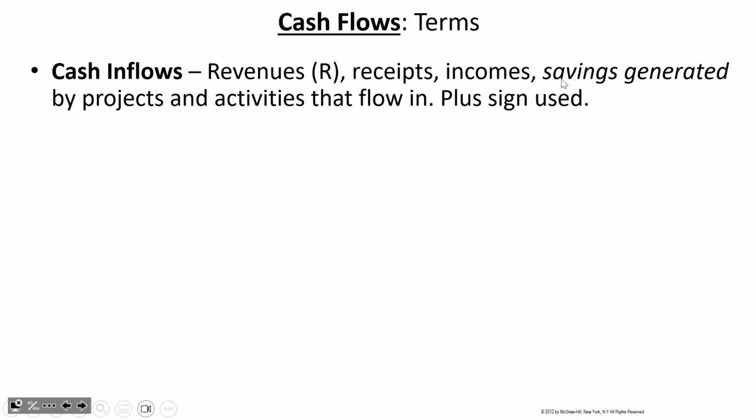So here where it says savings generated by projects and activities that flow in, if you make some sort of a change and your previous expenses have been reduced, then that also can be booked as a cash inflow.